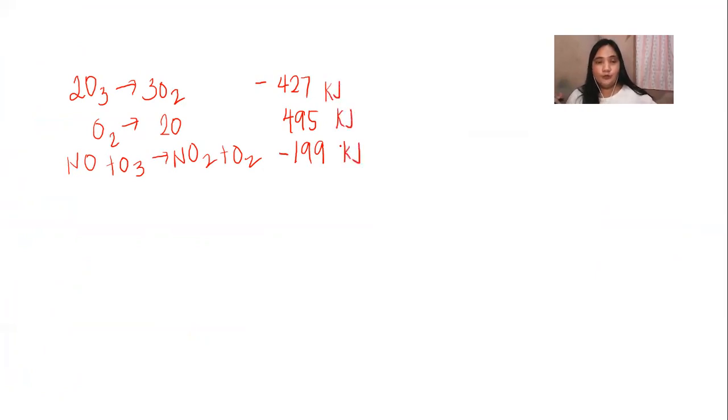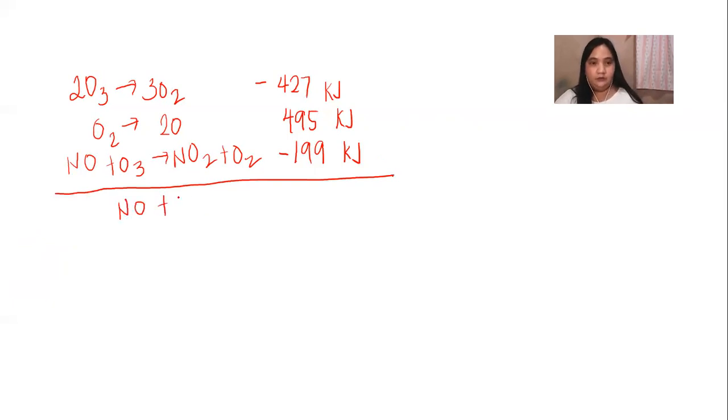Okay, so what do we do? As I've said, the end product is actually NO plus O, and that's NO2. So the technique, as always, is to check for the positions of the elements in the final product and then check your subreactions.